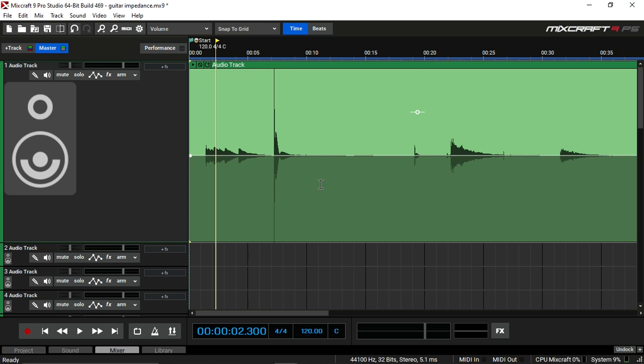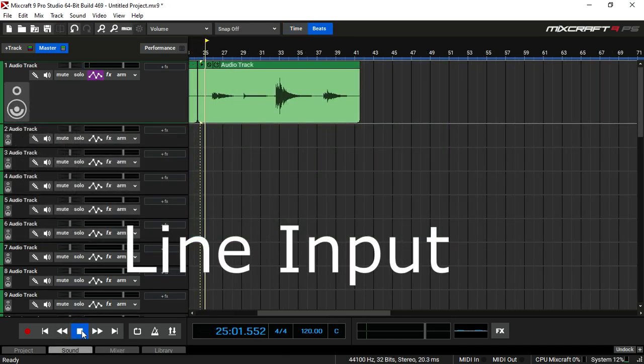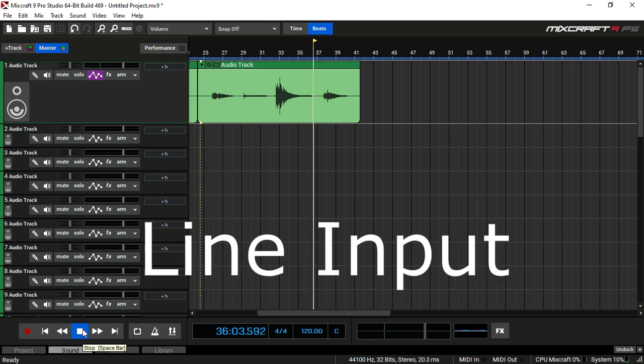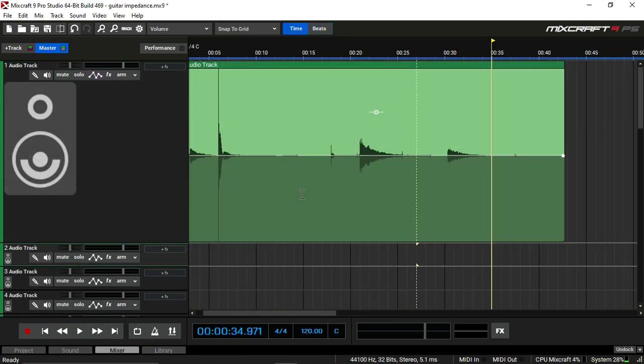And so please pay attention to the ground noise. That's a bit of an explanation of high impedance and low impedance.